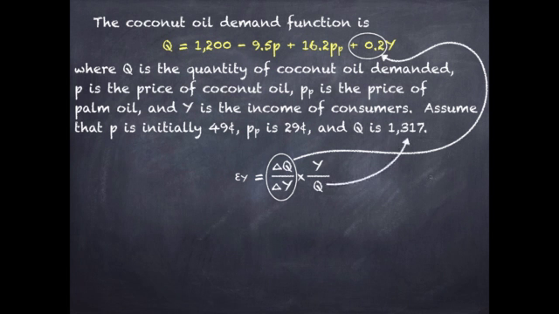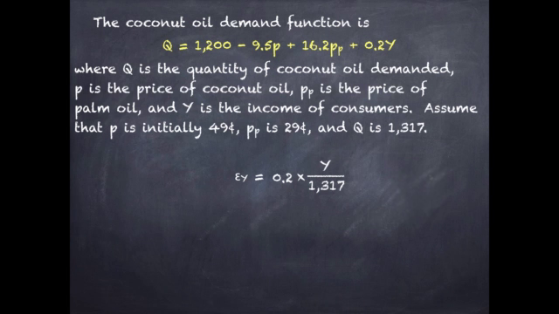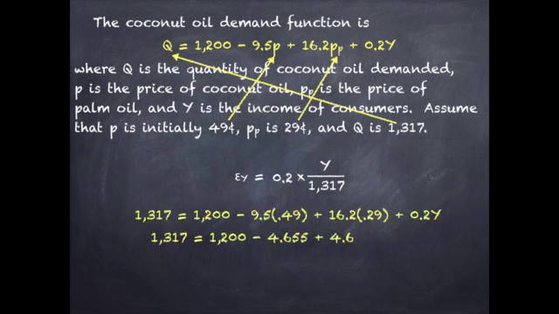Also, we're given the information with respect to the quantity, which is 1,317. So I can insert that information there. And the lone piece of information that I need is income. So what we need to do is to insert the price of coconut oil, the price of palm oil, and quantity into the demand function here, and solve for Y, which we can see here.